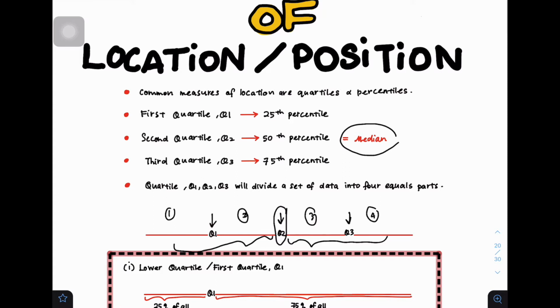Kenapa dia kata dia adalah 50th percentile? Okay, if the quartile membahagikan kita punya data kepada 4 part, percentile akan membahagikan kita punya data kepada 10 part.